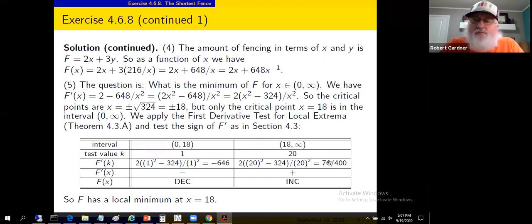A little computational boo-boo. I'll revise it in the notes. Positive, though, even with the correction, positive, and the function's increasing. So the function goes down, then it goes up, giving us a local minimum at 18 by the first derivative test.